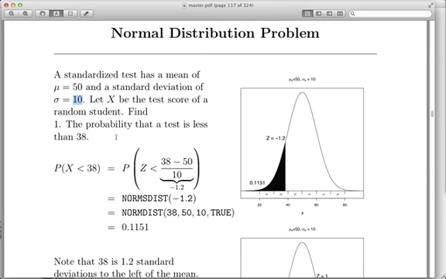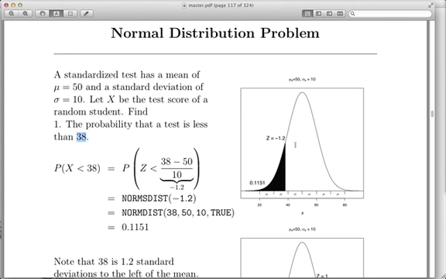Problem 1. What is the probability that the test score of some randomly selected student is less than the value 38? Okay, well, let's go draw it. I always recommend drawing these things because it will help you keep things straight. It really helps to visualize it.